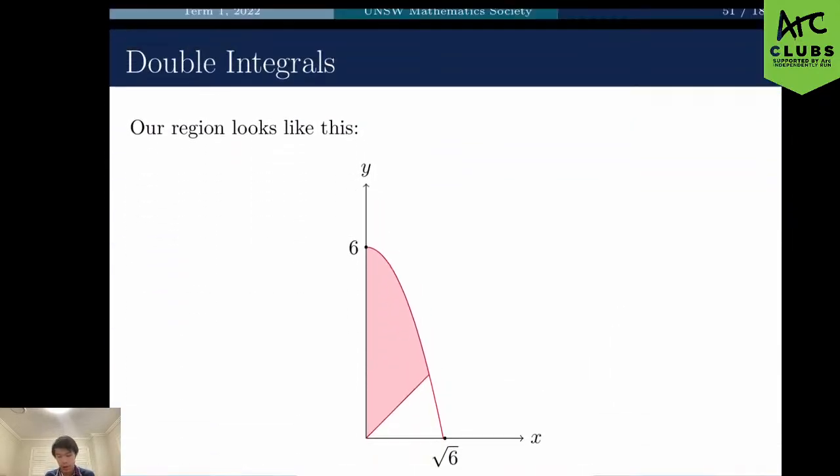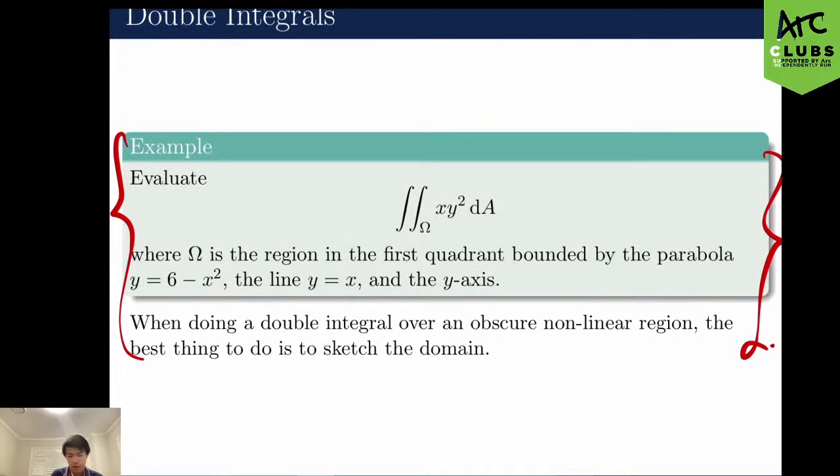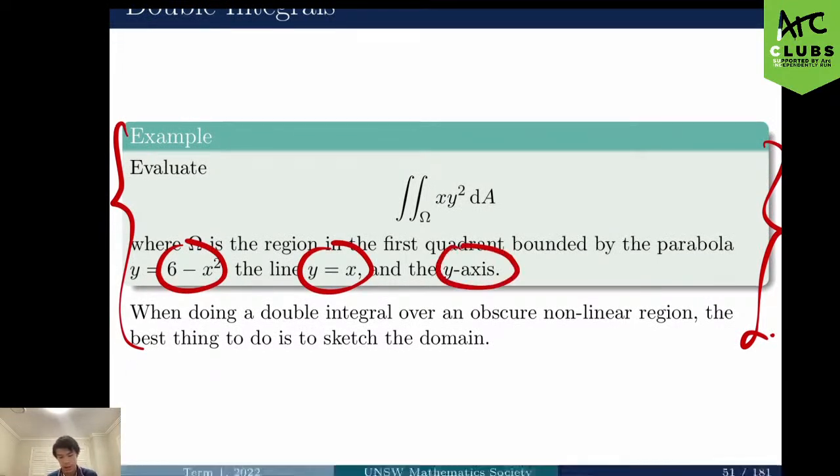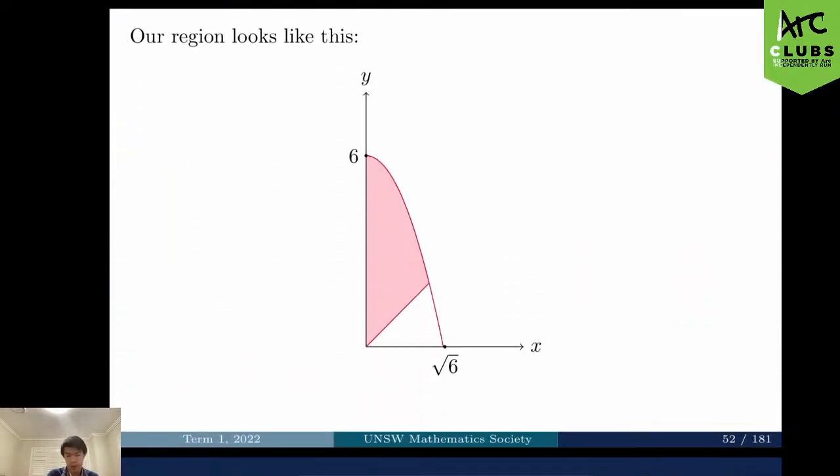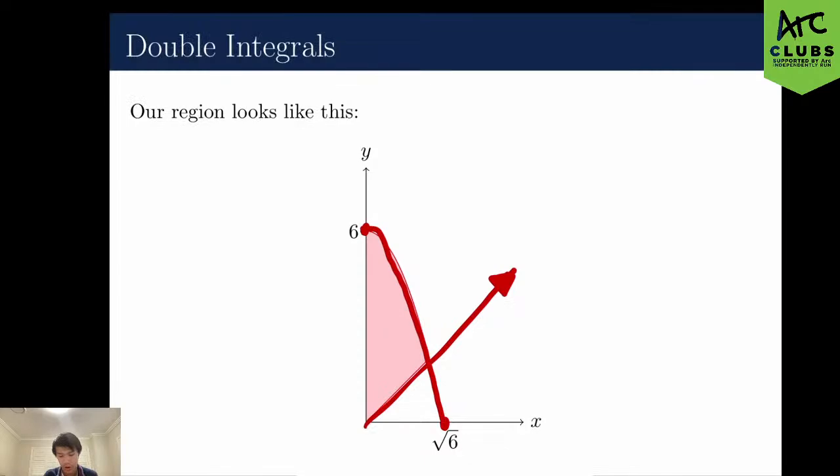So in this example, it's good to draw y equals 6 minus x squared, y equals x, and the y-axis. And we get something that looks like this, right? So this is 6 minus x squared. And if you draw out y equals x, it will intersect somewhere. You can try to find the intersection point. In fact, that's really important.